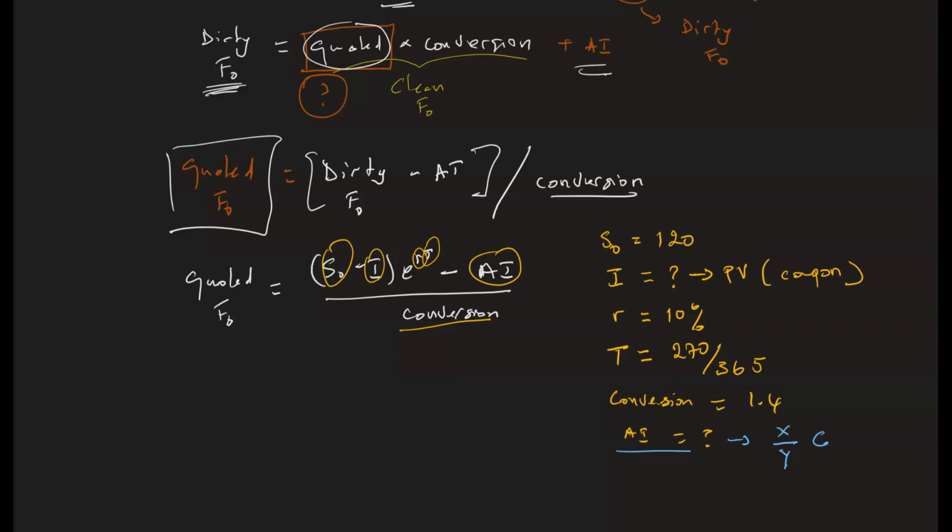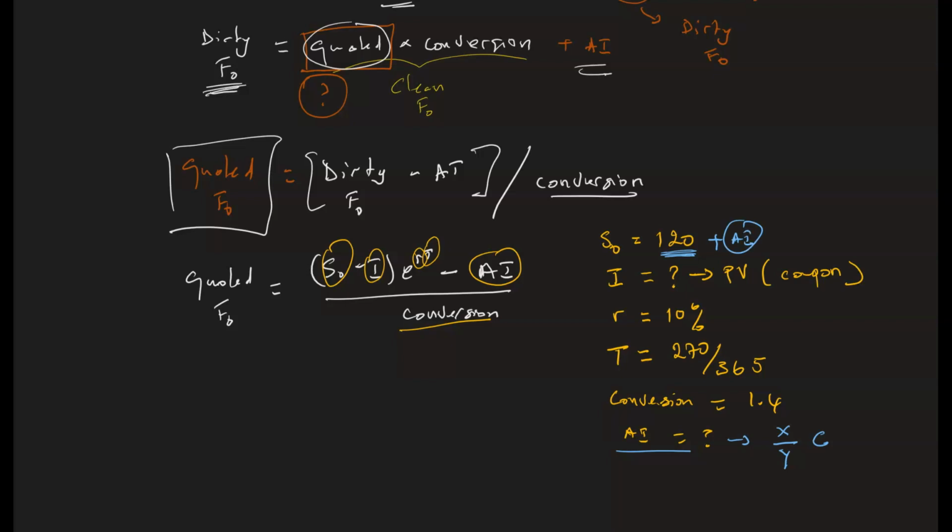Now, we also need to remember that this so far is simply a spot price. We do need to find the price of the bond at this point in time. So our spot price really doesn't include any accrued interest. Actually, I need to correct this: what we really need to find is this value plus any accrued interest if that exists. If that doesn't exist, then we don't need to worry about that.